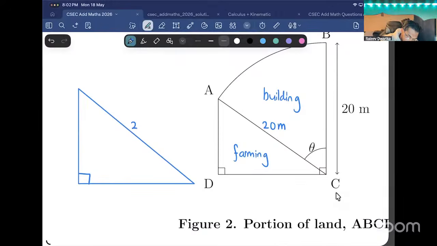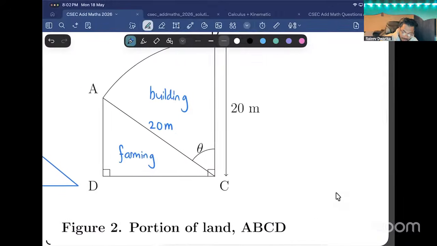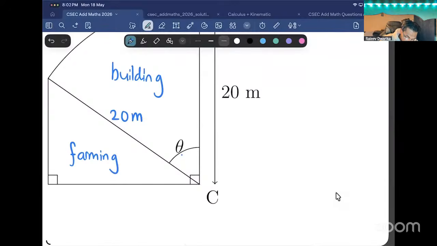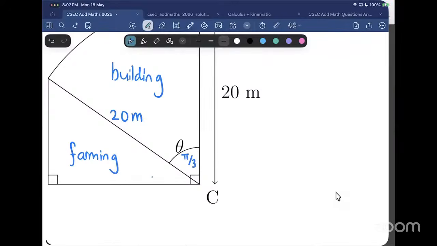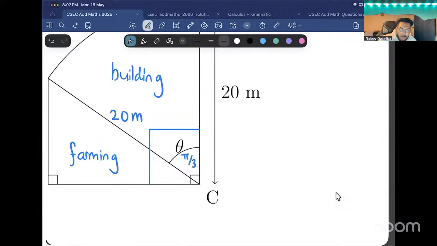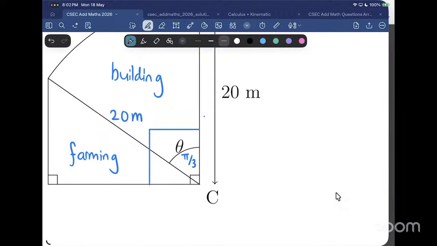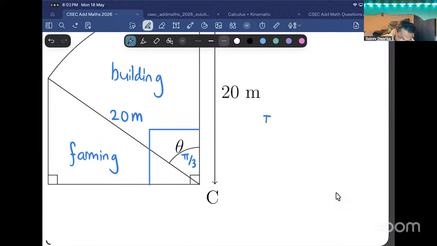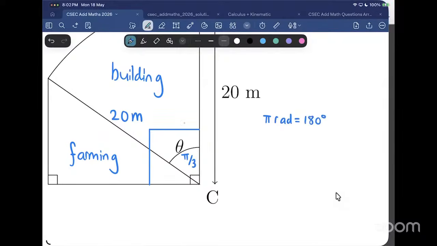So we know that this is 20 meters. We just found this angle to be pi on 3. And we know that this entire thing is 90 degrees, which is how much in radians? If you recall, pi radians is equal to 180 degrees, so that's pi over 2.